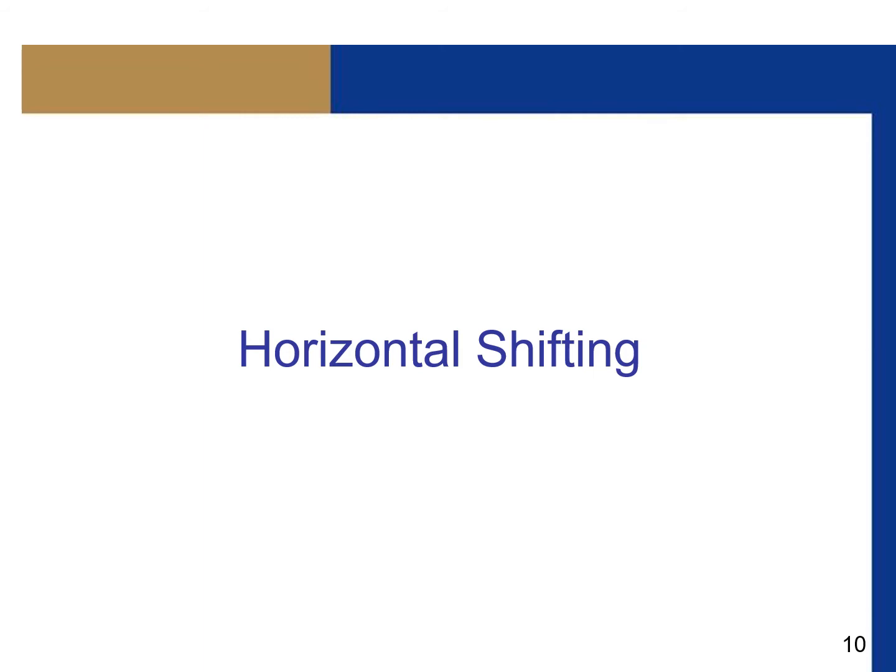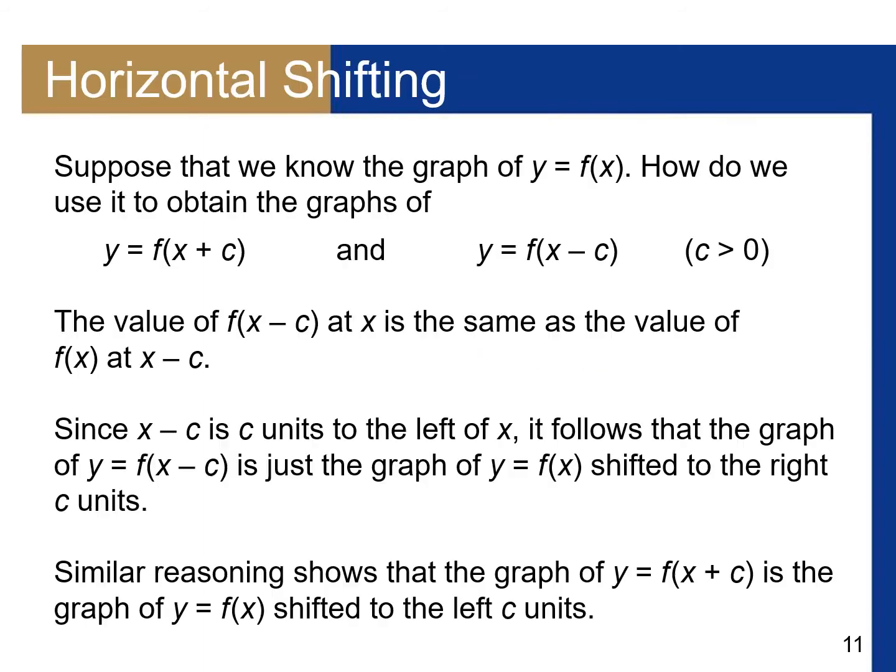So now let's take a look at how it shifts from left to right. If on the inside I take my domain and I add a value to the domain before I plug it into the function, or I subtract a value from the domain before I plug it into the function, then that causes it to shift left and right. Since x minus c is c units to the left of x, it follows that the graph will be shifted to the right.